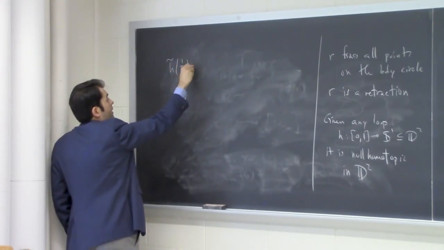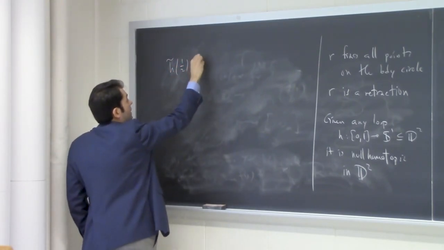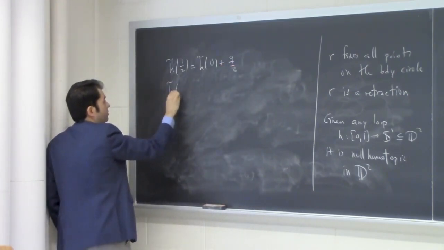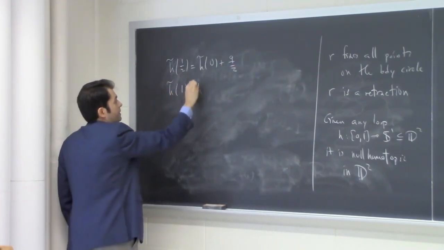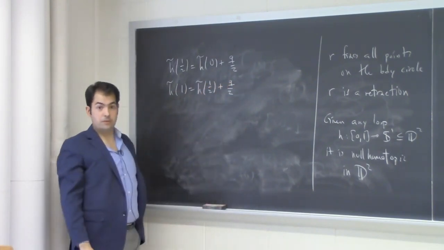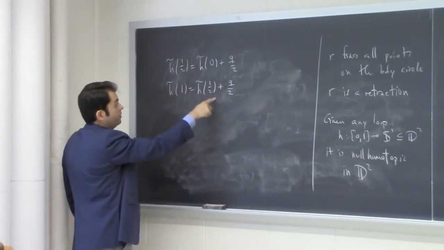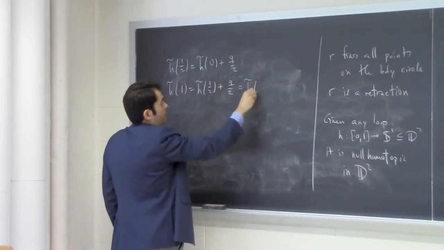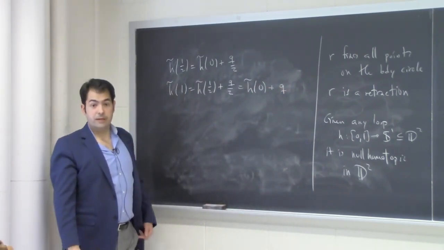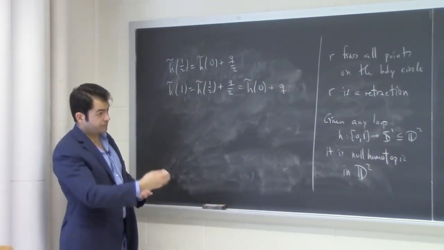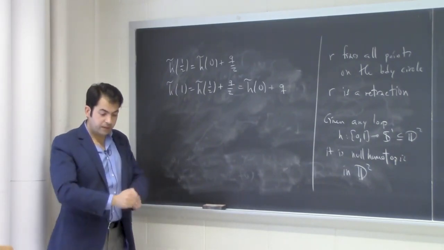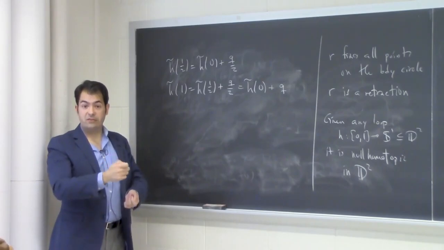So if s is 0, then we see that this is true. And if s is 1/2, then we see that this is true. And if you plug this one into this one, you get h tilde of 0 plus q. Now remember that our isomorphism was just pick the lift that starts at 0.